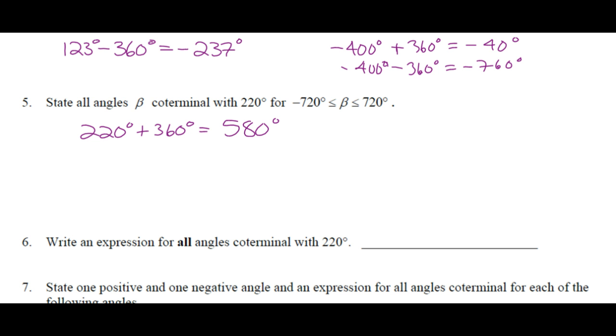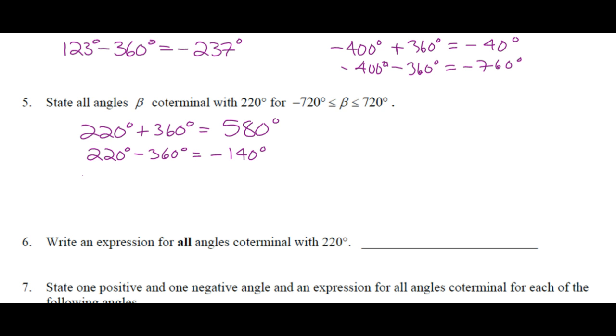All right, let's go the other way. What's 220 degrees minus 360 degrees? I'd wait, but I'm impatient. So it's negative 140. If I subtract 360 from negative 140, will I still be in the range? Yeah.